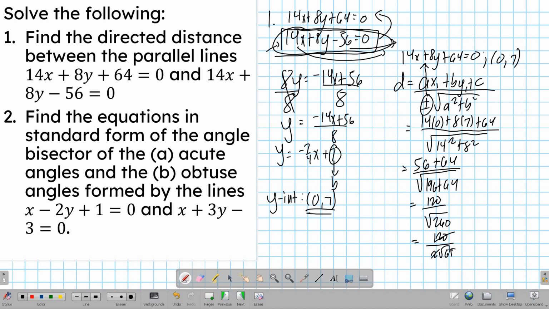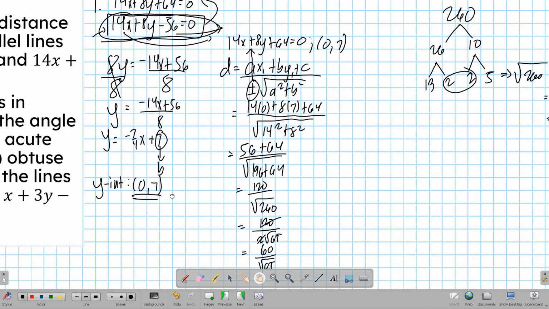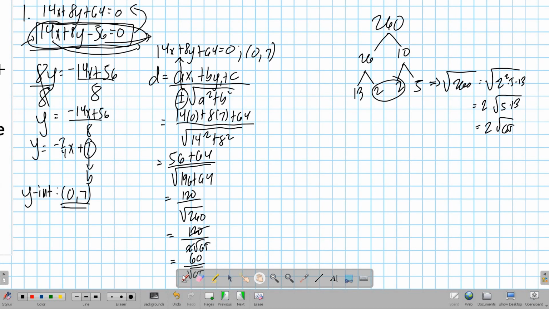So, therefore, simplifying that, we're going to have 60 over square root of 65. So, rationalizing this, I'm going to have 60 square root of 65 over 65, which when simplified becomes 12 square root of 65 over 13.